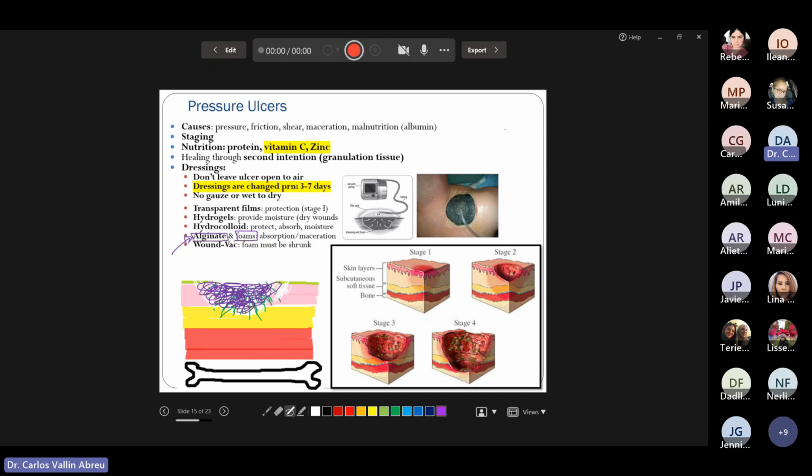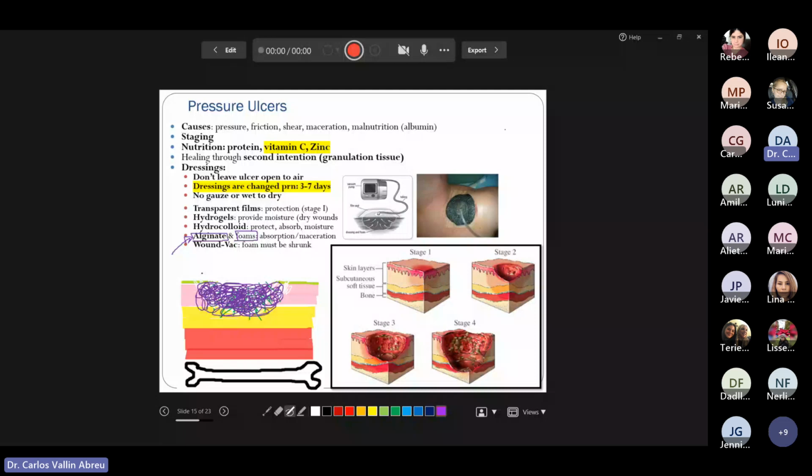These foams and the alginates are dressings that are very dry, and where they are placed in the hole, packing the hole, they stop the fluid, separating the fluid from the tissues, forming like a gelatin that separates the fluid from the tissues.